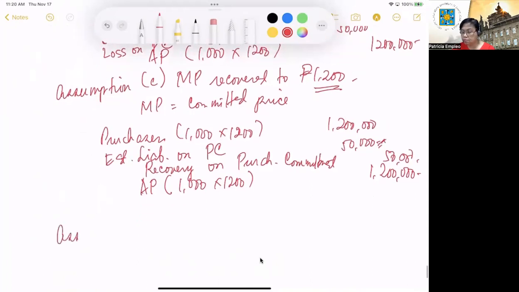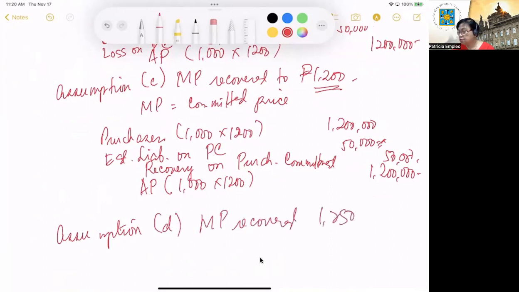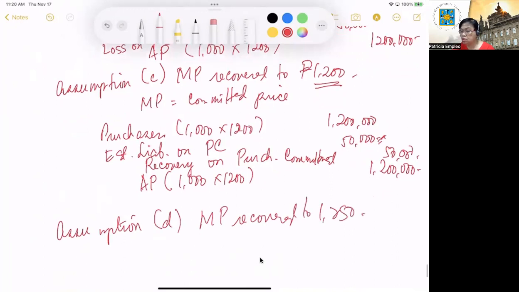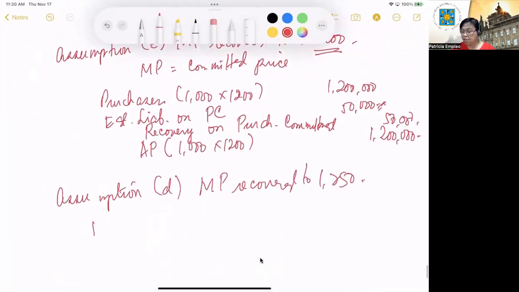Now assuming, lagyan natin ng isang assumption. Assumption D, market price recovered to even higher. Let us say 1,250. Okay, so what shall we do? Sabi natin, your purchases must be recorded at the lower between the market price and the committed price. And therefore, the lower between 1,200 and 1,250 is still 1,200.